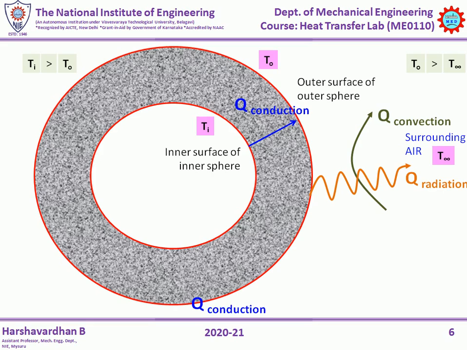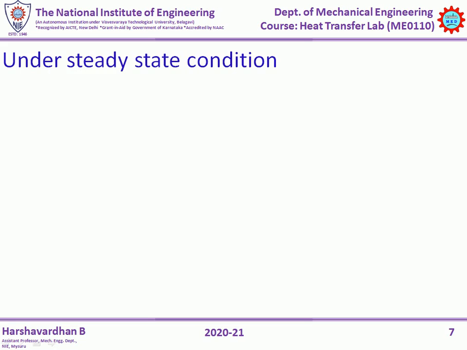Therefore, when the system attains steady state, we can say that the heat conducted through the asbestos powder filled between the two concentric spheres should be equal to the heat convected from the outer sphere plus the heat radiated from the outer sphere to the surrounding air. Under steady state condition, heat conducted equals heat convected plus heat radiated.